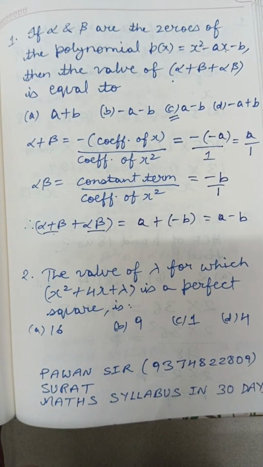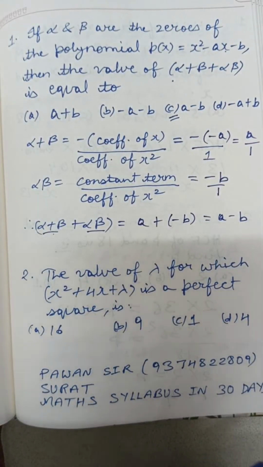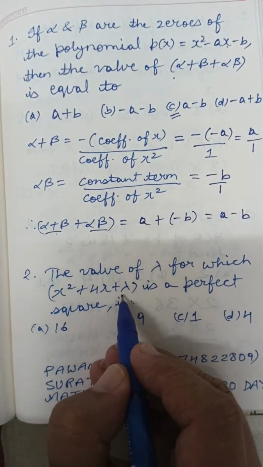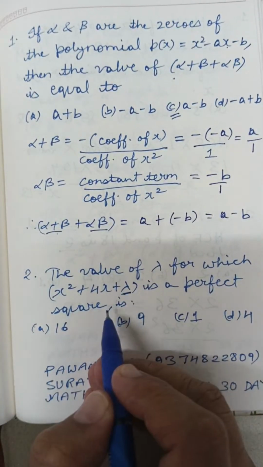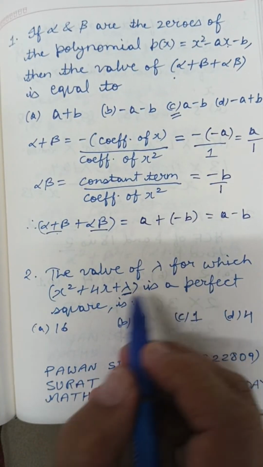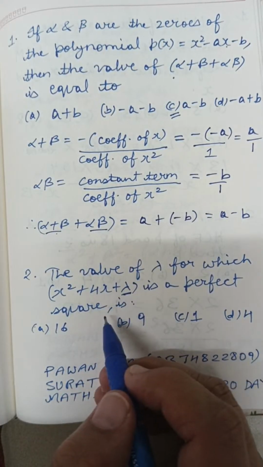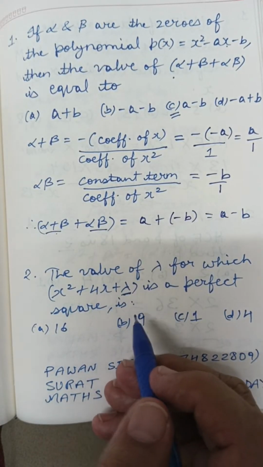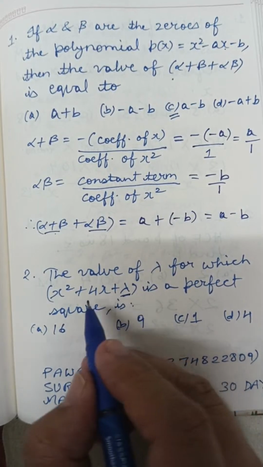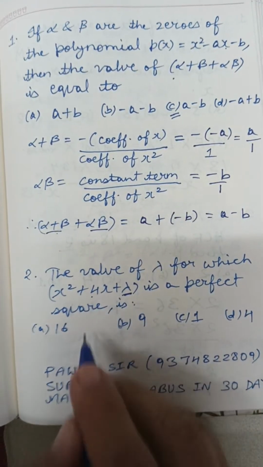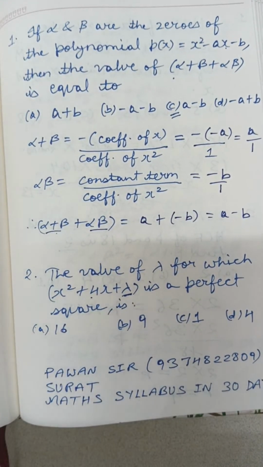Now move on to question number 2. In this question we have to find this. This is a perfect square. When it is a perfect square, see, this is your middle term. Middle term here you can see it is equal to 4.